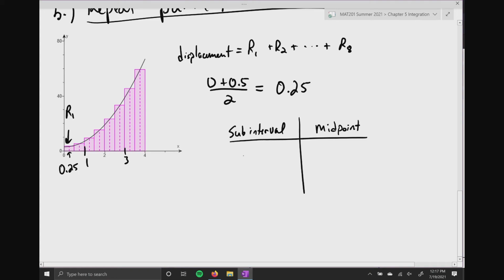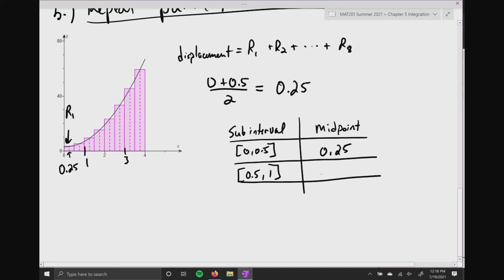The first interval is 0 to 0.5, and we found that the midpoint was 0.25. The second is 0.5 to 1, and that's going to be 0.75.